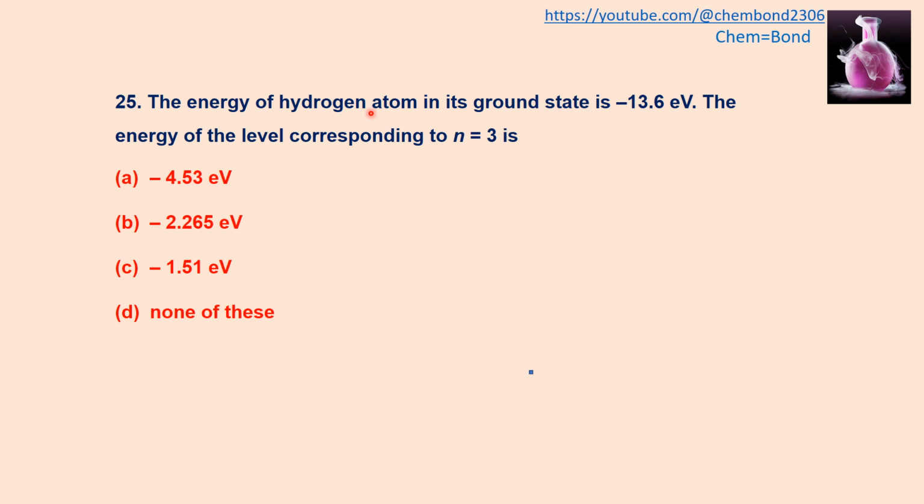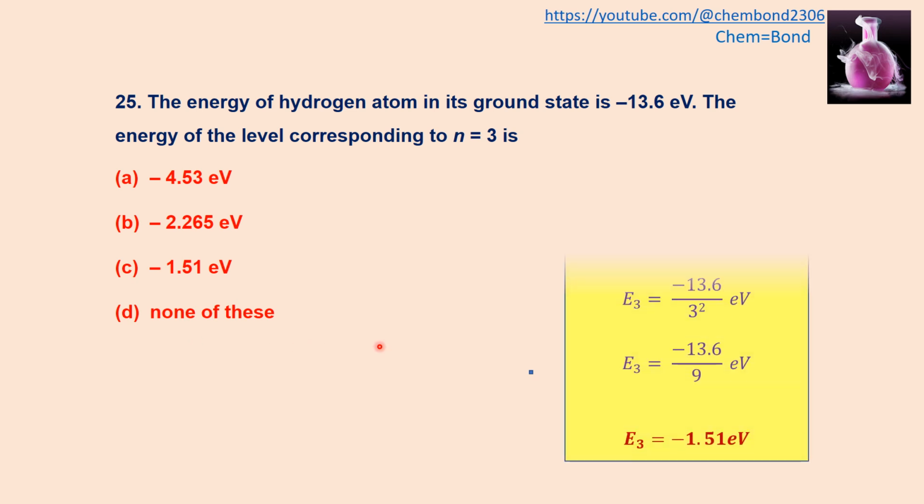The energy of a hydrogen atom in its ground state is minus 13.6 electron volt. The energy of the level corresponding to n equal to 3 is: minus 4.53 electron volt, minus 2.265 electron volt, minus 1.51 electron volt, or none of these. So the formula for calculating the energy of an electron in the nth orbit is minus 13.6 divided by n square electron volt.